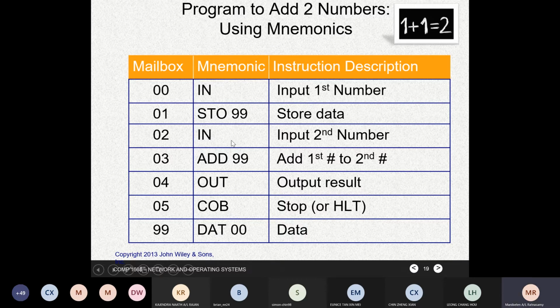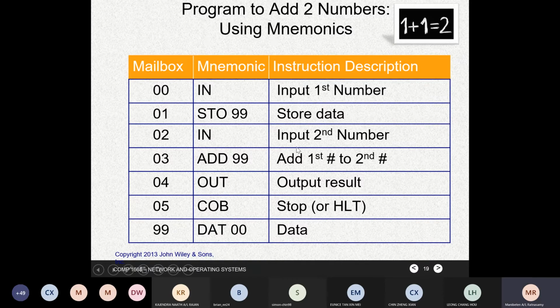Then you input the second number. Mailbox 99 cannot hold two data, it can only hold one. For example, if you input number one first, this number one will go here. Then when the second number comes in, it will overwrite the first number because it's the same mailbox.